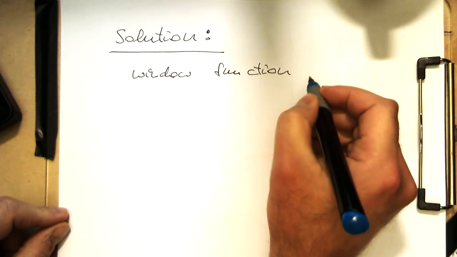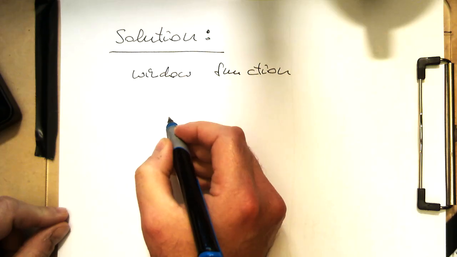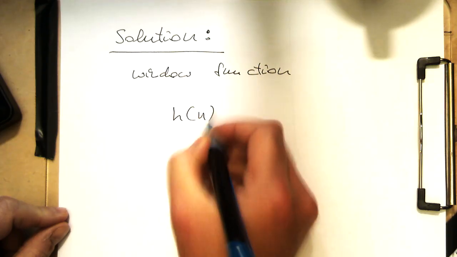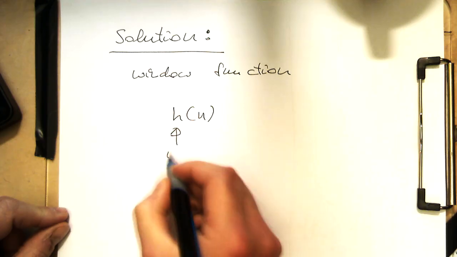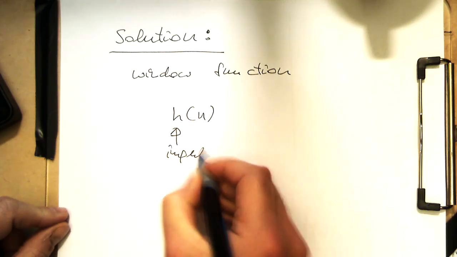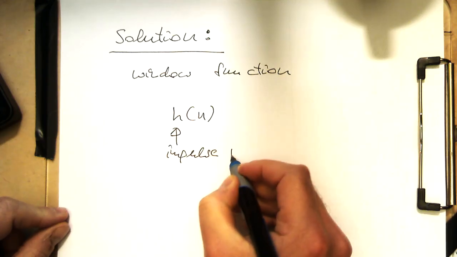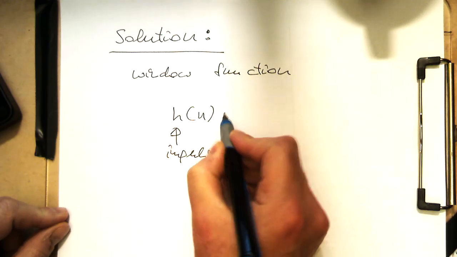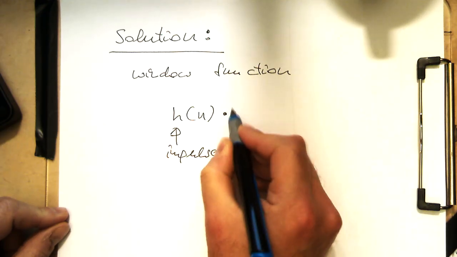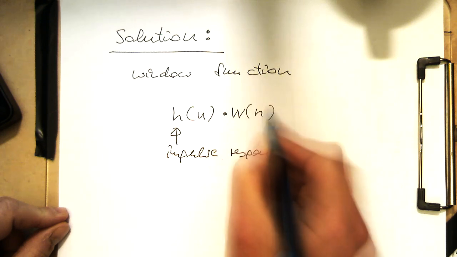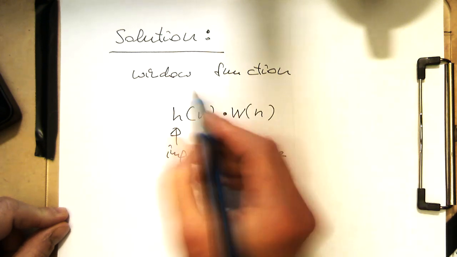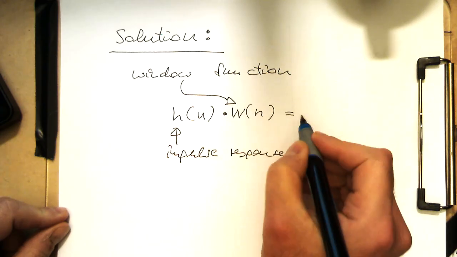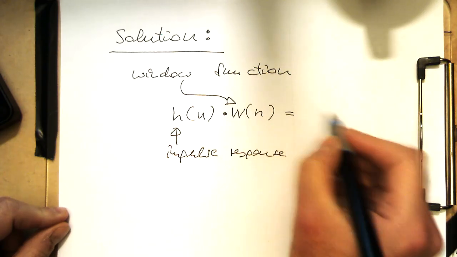So what does it mean, window function? So we have our original impulse response here, and we multiply this with the function w here. So that's our window function. And with that we are getting a new impulse response.